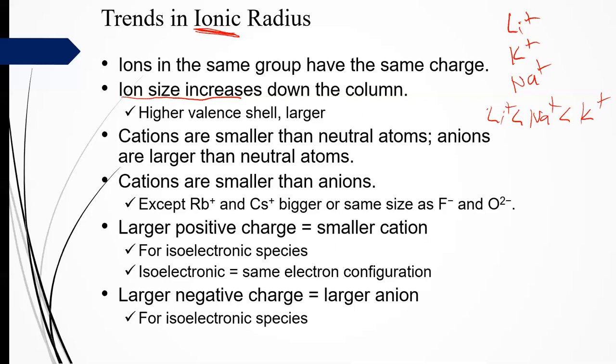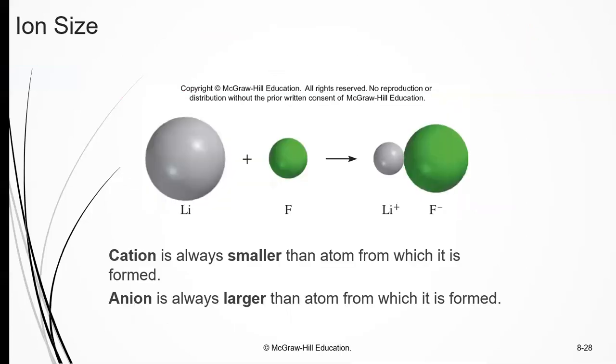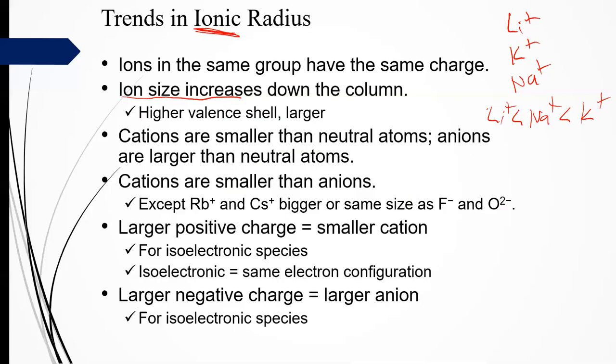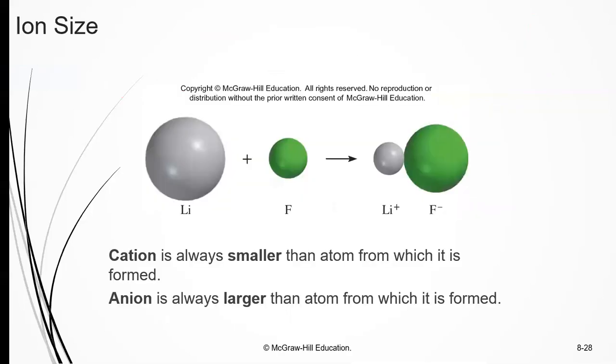Cations are smaller than the neutral atom that they're coming from, and anions are larger, like this picture here. Pretty much when lithium loses that 1 electron, it shrinks drastically in its size because now it's gotten rid of that extra electron.